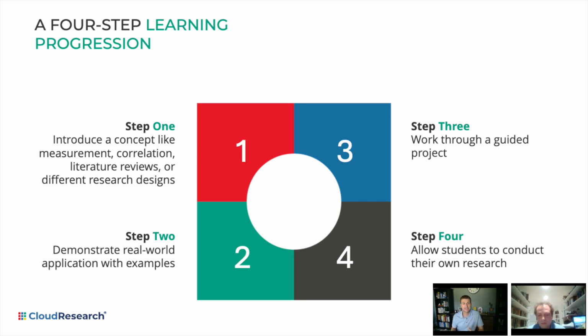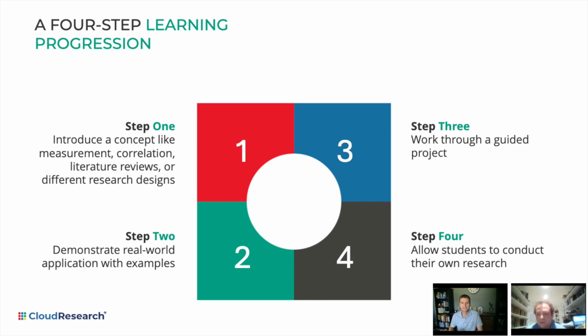After introducing the concept and seeing a few examples, the book takes students through a guided project where they work with pre-built materials and real data sets. And then finally, after walking through a guided project, the book empowers students to design and conduct their own original research. This process builds student skills incrementally, and it makes each of the concepts they're learning about more tangible.